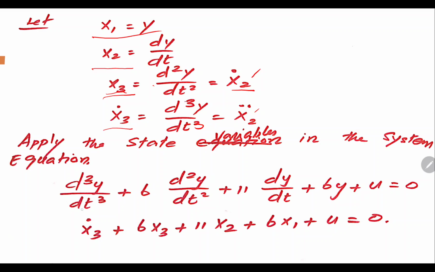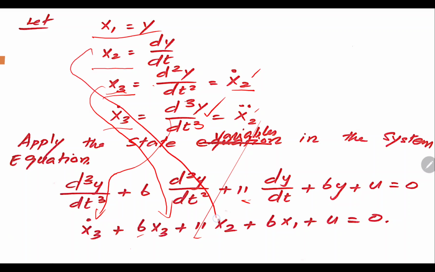Here the system equation is d cube y by dt cube, which is x3 dot, plus 6 into d square y by dt square, which is nothing but x3, then 11 dy by dt, which is x2, then plus 6y, y is nothing but x1, plus u is equal to 0.